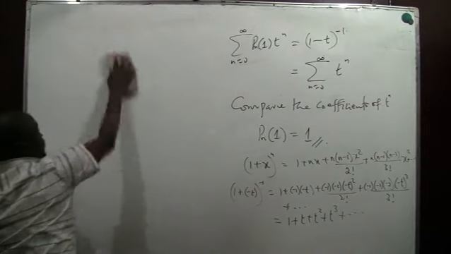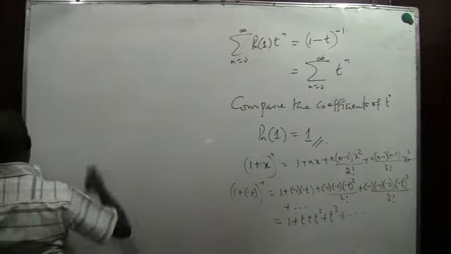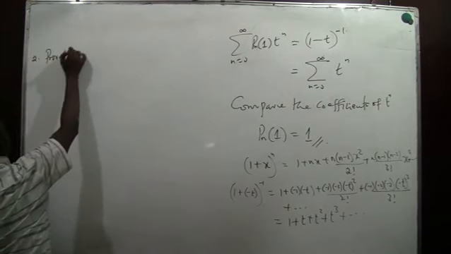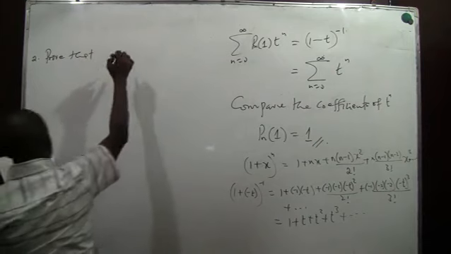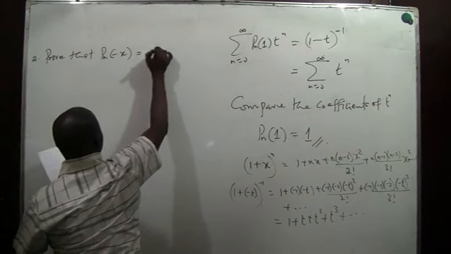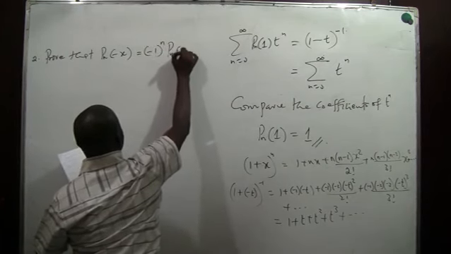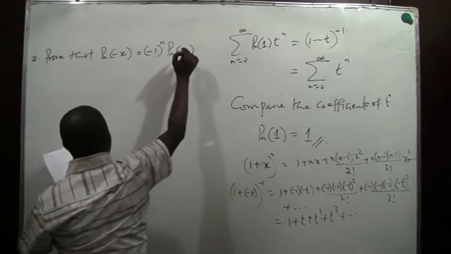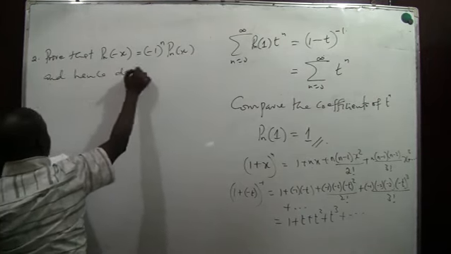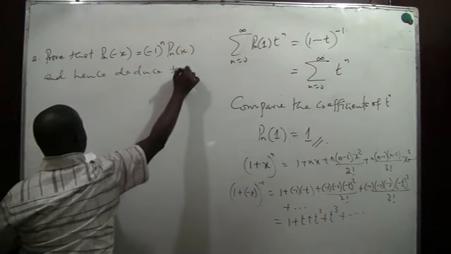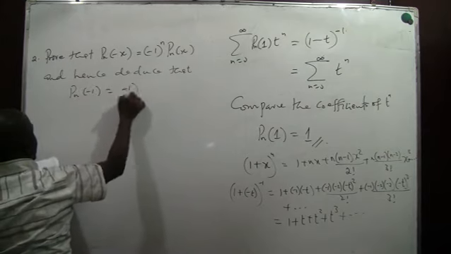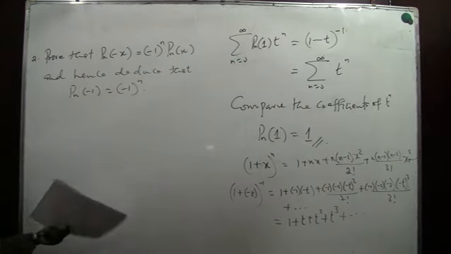Let us take another question. Question 2. Prove that Pn of minus x equals minus 1 raised to power n Pn of x, and hence deduce that Pn of minus 1 equals minus 1 raised to power n.